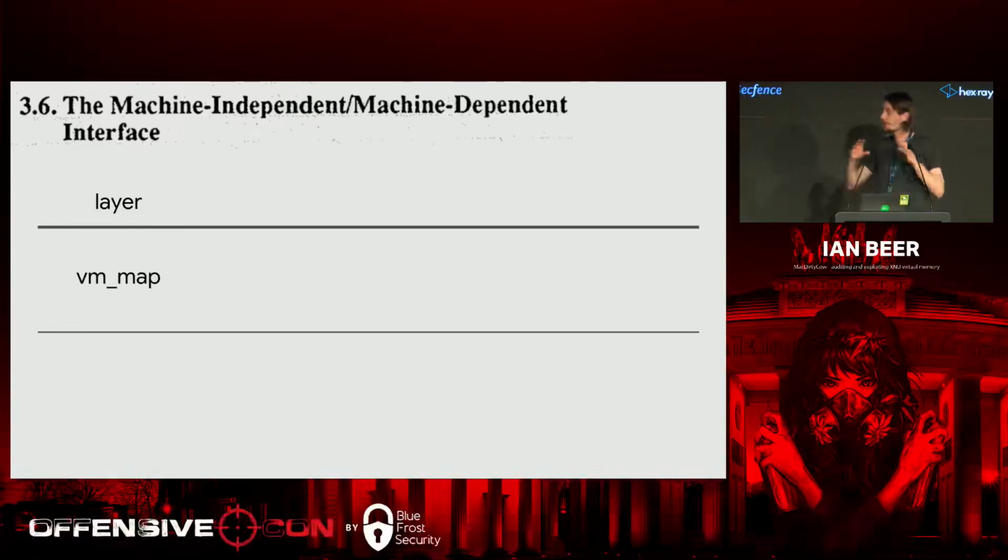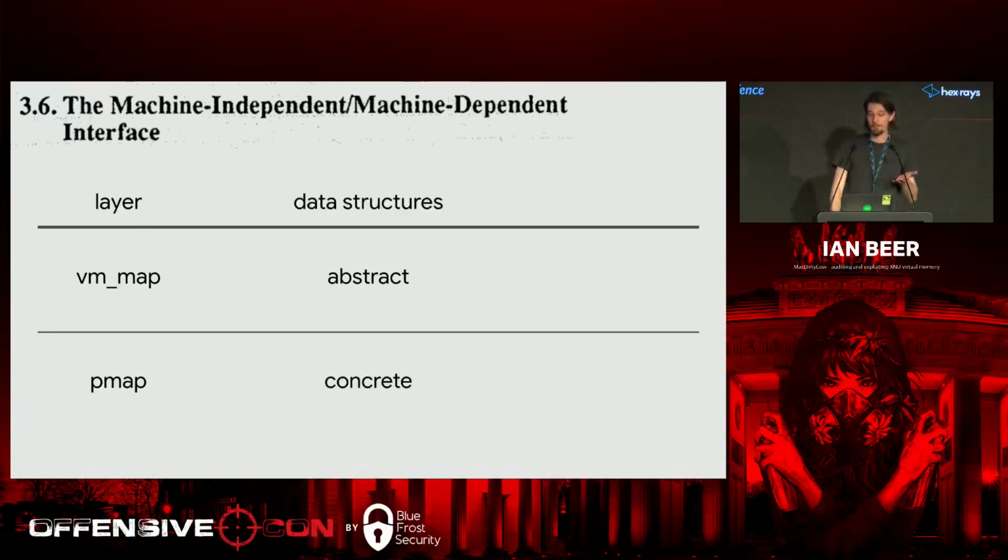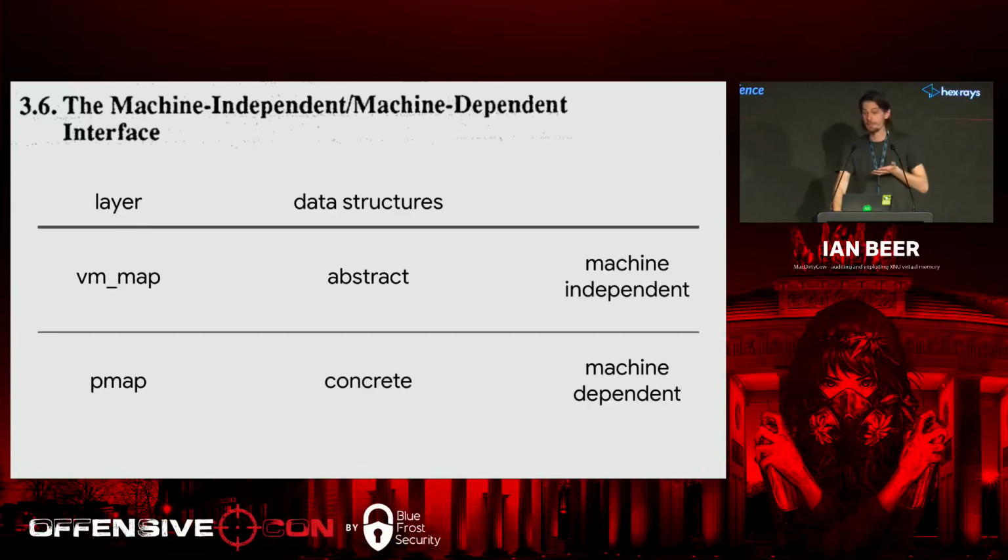They had an upper layer of very abstract code that we'll call the VM map layer, and then a separate lower level layer called the PMAP layer, where the PMAP is the machine-dependent layer that actually represents, for all of the different, you saw already, the wide variety of devices that this code ran on, that was all isolated in the PMAP layer, and then the VM map layer performs all higher level operations. The VM map layer is more abstract, the PMAP layer is concrete and machine-dependent.